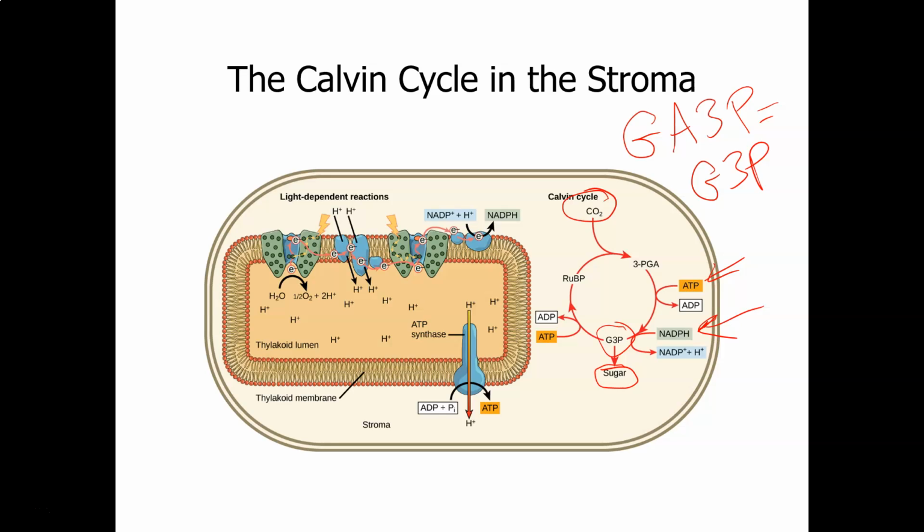But some of the G3P is used to regenerate RuBP, ribulose bisphosphate. That molecule is needed to keep the Calvin cycle going. It has to be regenerated so the Calvin cycle will keep going. So 5 molecules of G3P are used for regeneration for every 1 molecule that's used to make sugar.